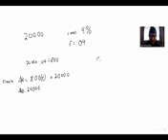My compound interest formula was an exponential function: my initial amount times 1 plus r to the power of t. So that's 1 plus 0.04 to the t.